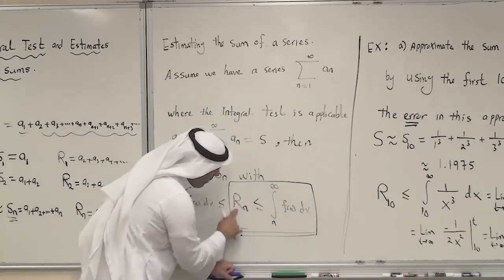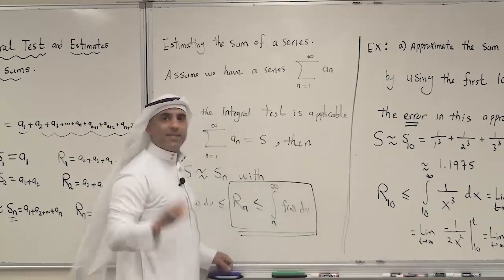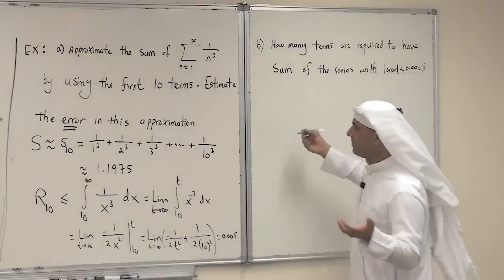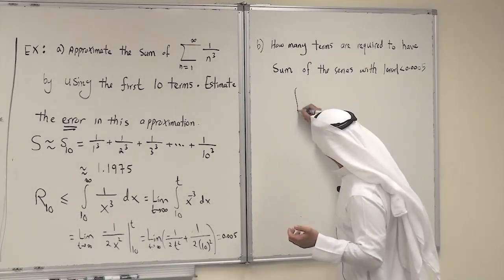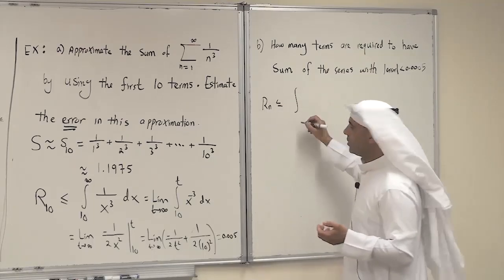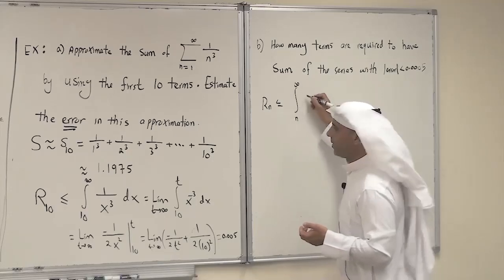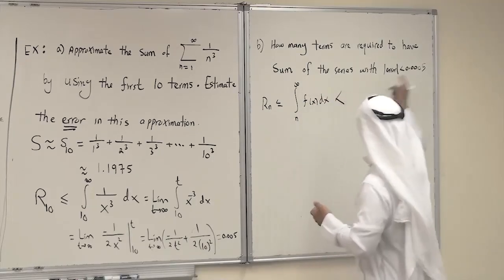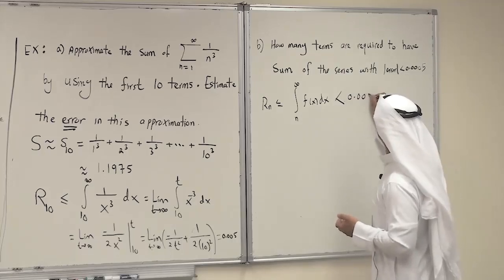Then we are sure that our error is also less than that number. So I know that Rn is less than or equal to the integral from n to infinity of f of x dx. I need this to be less than 0.0005.